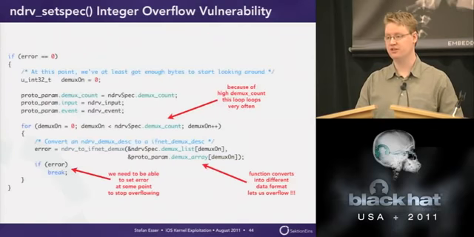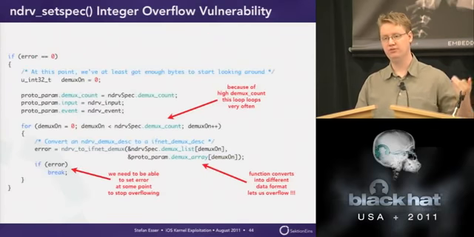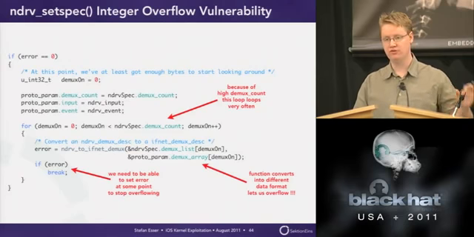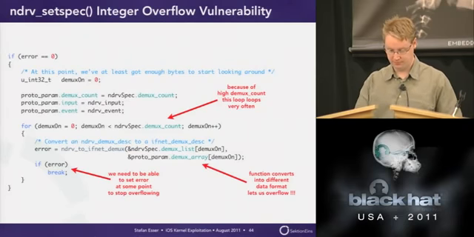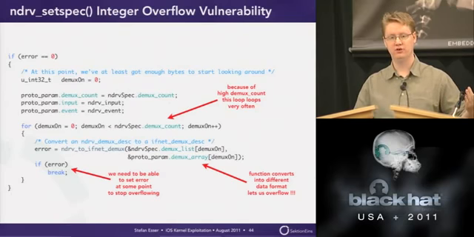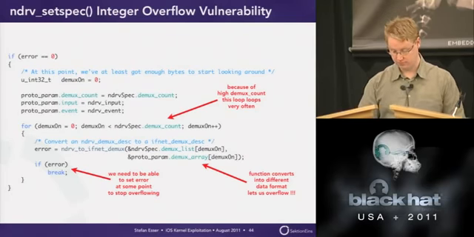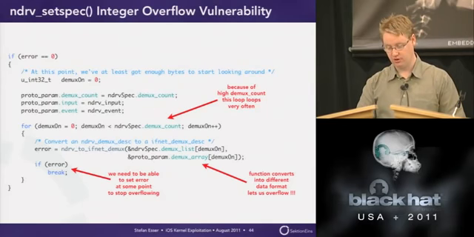At the end of the function, you see that it loops through all the input and converts it into a different format. You also see there's an error condition that you can trigger so that the loop breaks, so you don't copy until the end of the memory and crash.